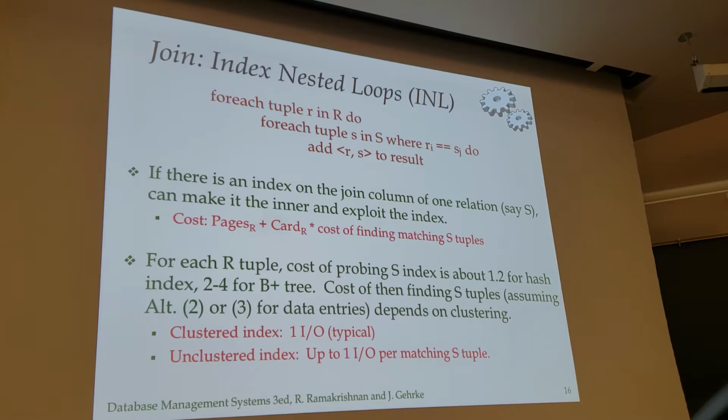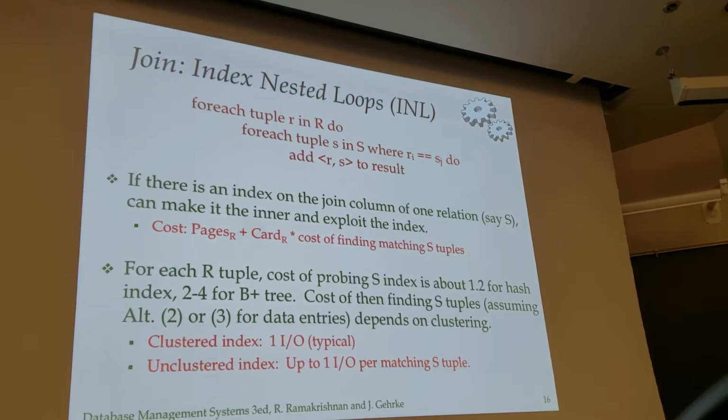Basically, play with your assumptions about the cost of your hash index and B tree, and your numbers will change. These numbers were valid in the days of System R, back in the 1970s, 1980s. It's not entirely valid today.